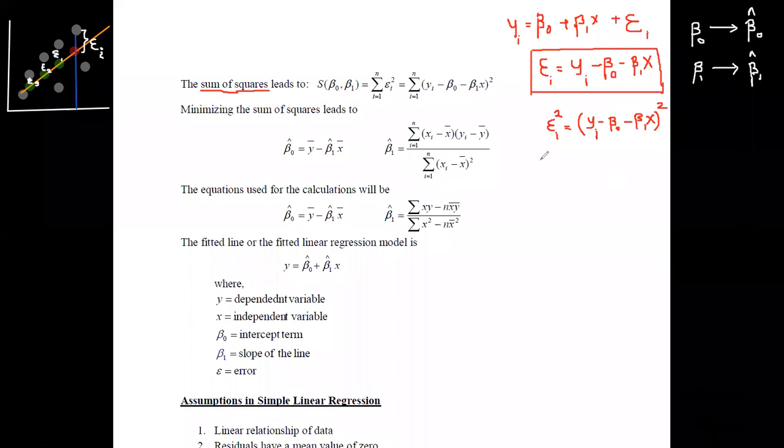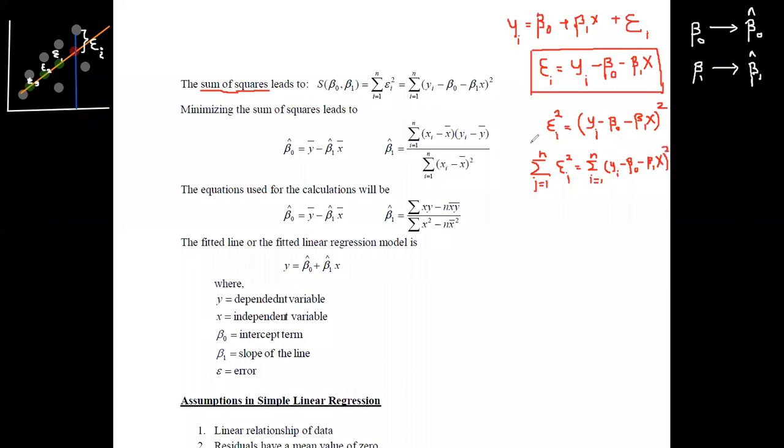Therefore, now you need to take the sum of the left hand side and the right hand side of the equation for the obtained epsilon i squared. You can take this as the summation i goes from 1 to n, and the quantity here is y i minus beta naught minus beta 1 times x i, squared.